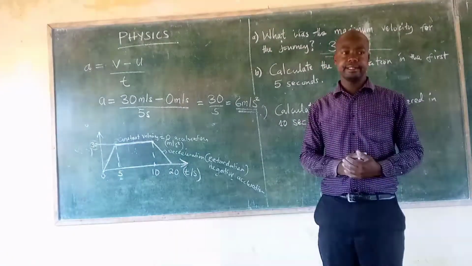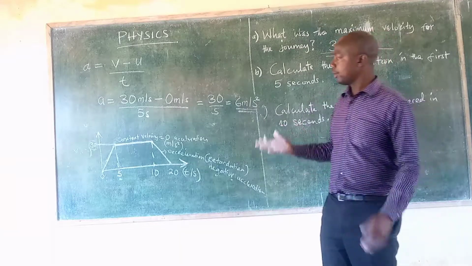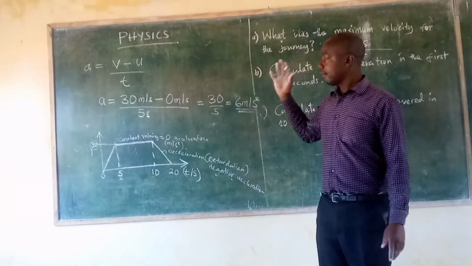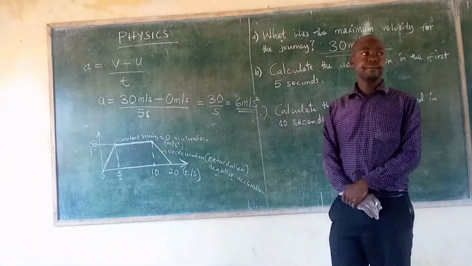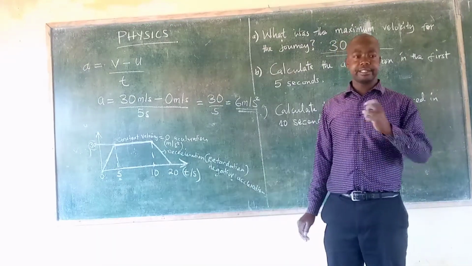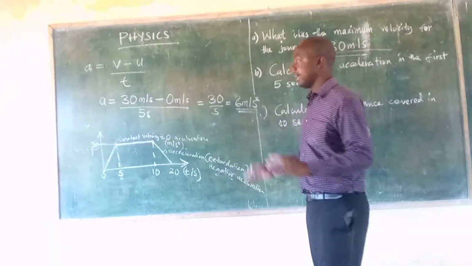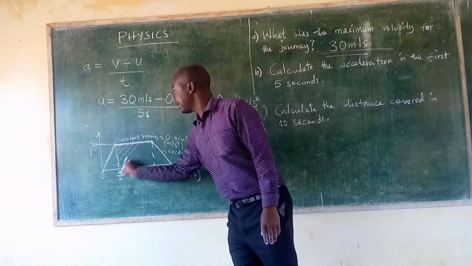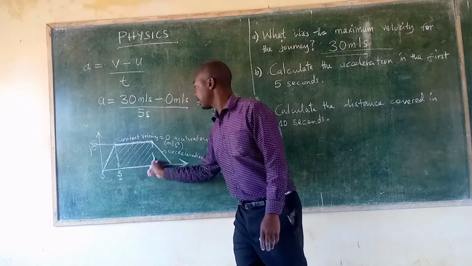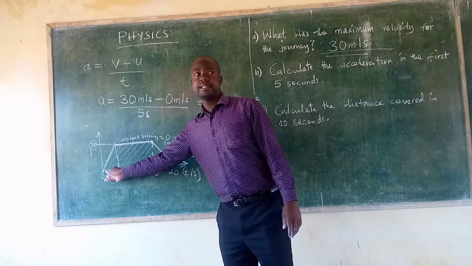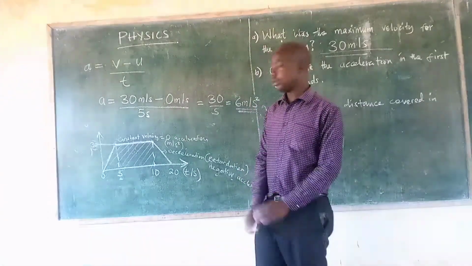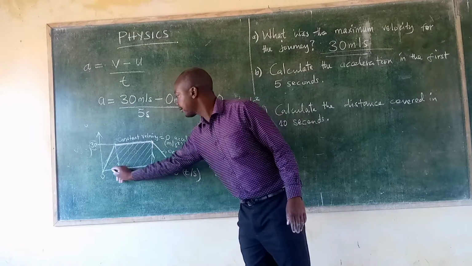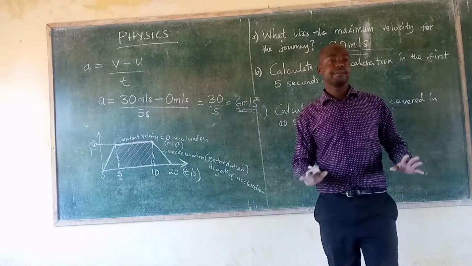What are you supposed to do when you are calculating the distance on a velocity time graph? You need to consider the area under the graph. Okay? The area of this graph, because we are given from 0 second to 10 seconds. So the area of this graph, that will be your distance.